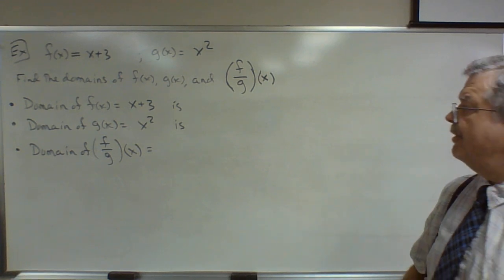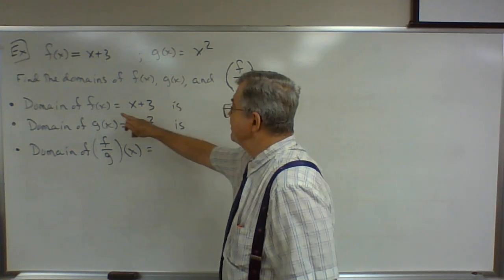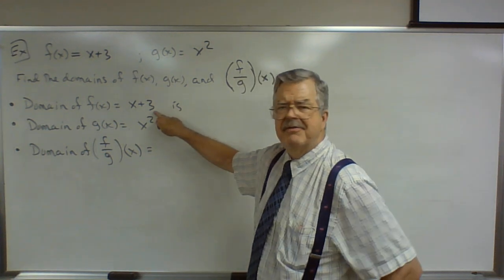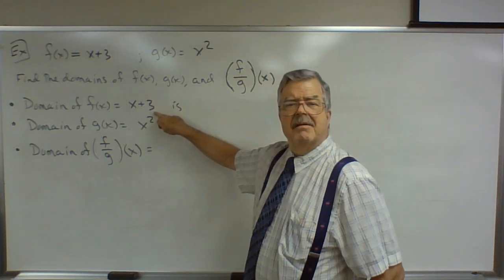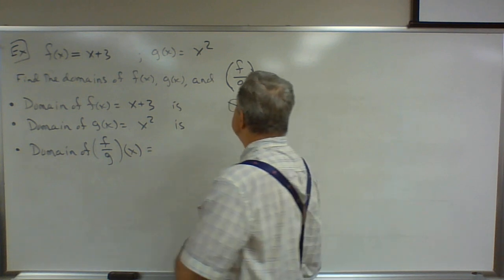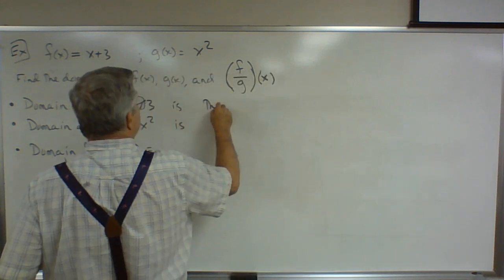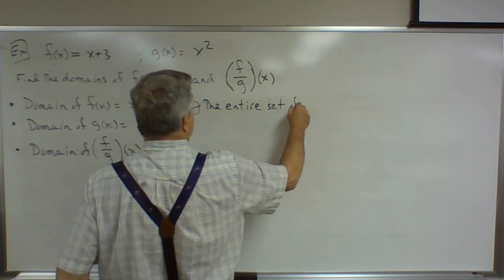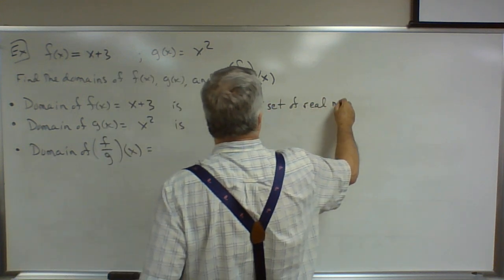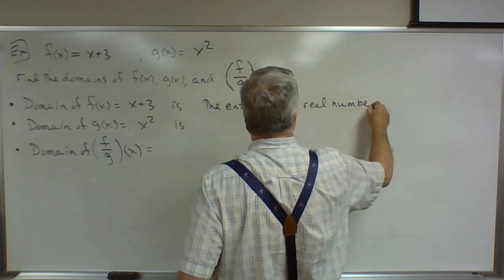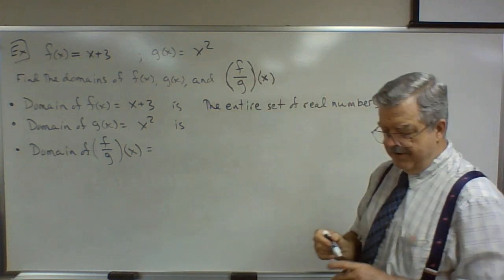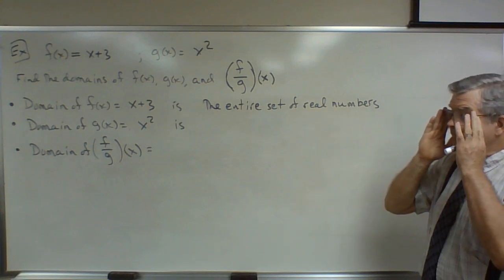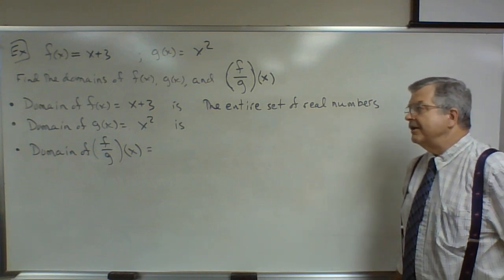So first of all, the domain of f of x. F of x is x plus 3. That's how f of x is defined. And we assume that the domain of f of x is the entire set of real numbers, subject to further scrutiny. First question.